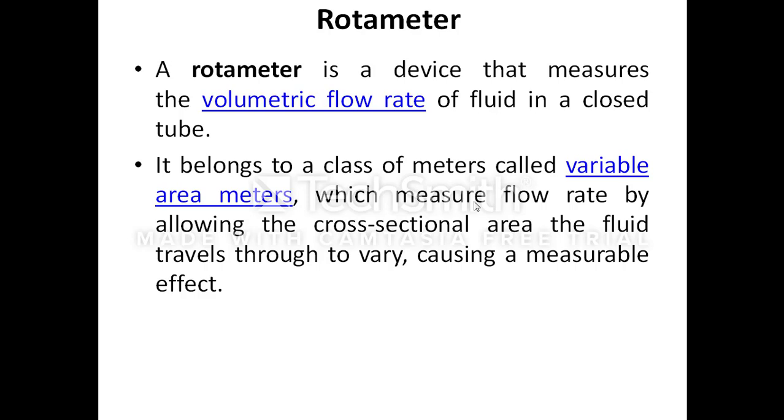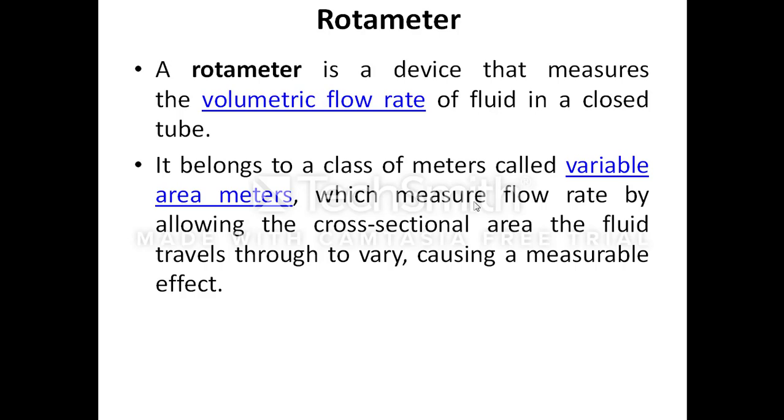First of all, the rotometer is a device to measure the volumetric flow of a fluid in a closed tube. This kind of flow measurement is required in many real-time applications. For example, keeping this flow meter with water storage dams is essential.